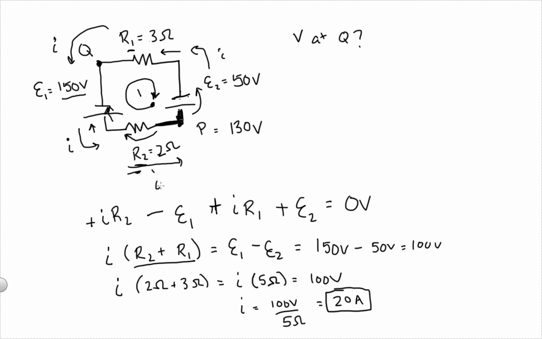So now let's apply that, and we can actually check ourselves. It's always good to check yourselves with these types of problems. So we're going to go from P to Q, and we have two ways to do that, but now we know our current is 20 amps. So I'm going to clear the screen here. And again, let's just sketch out our circuit.